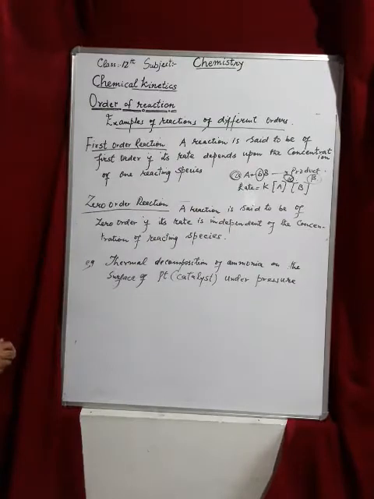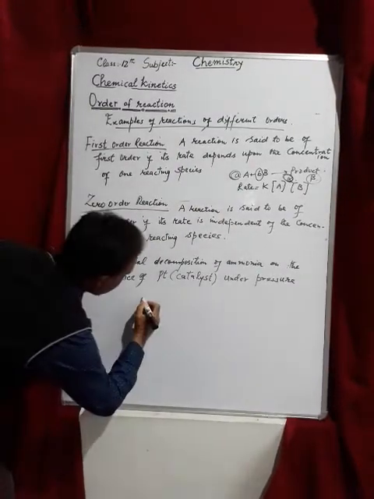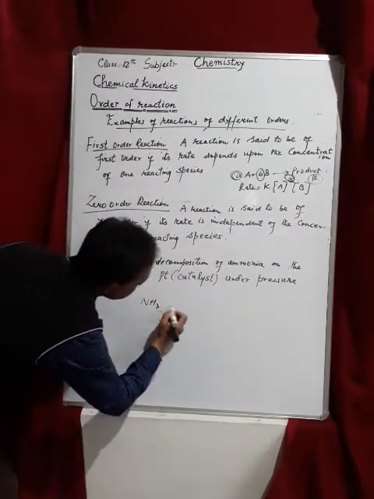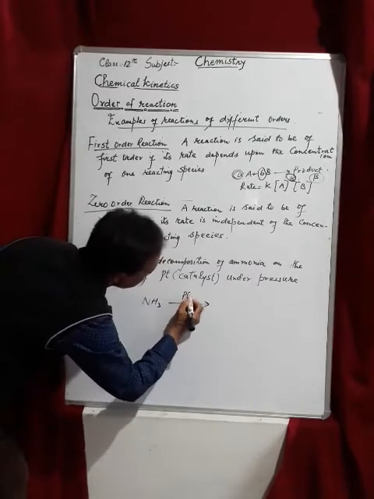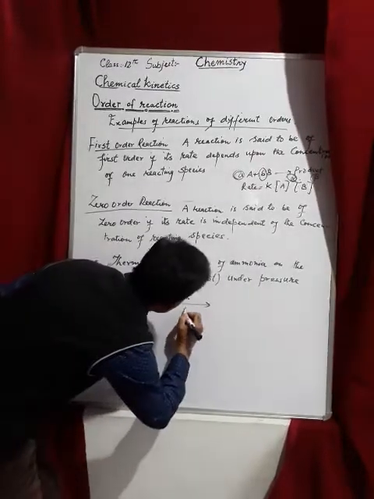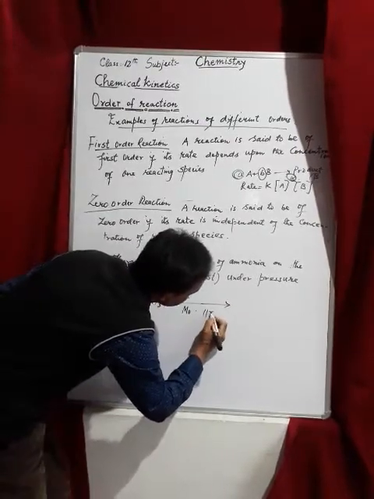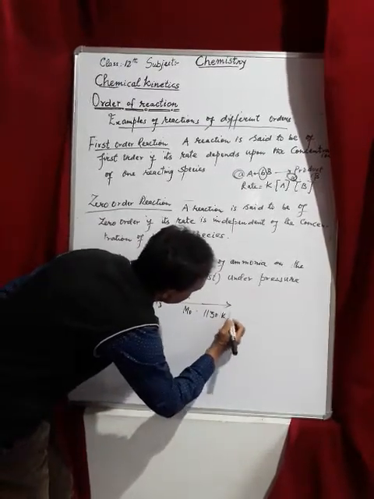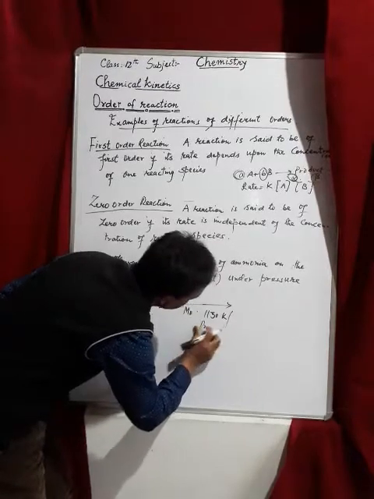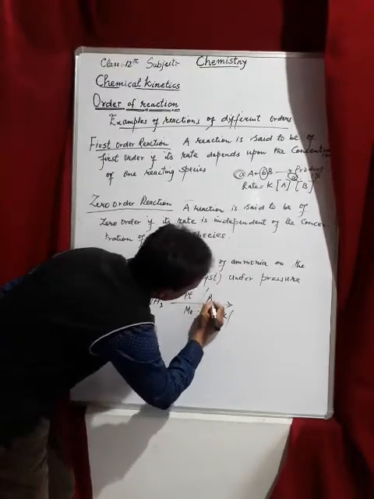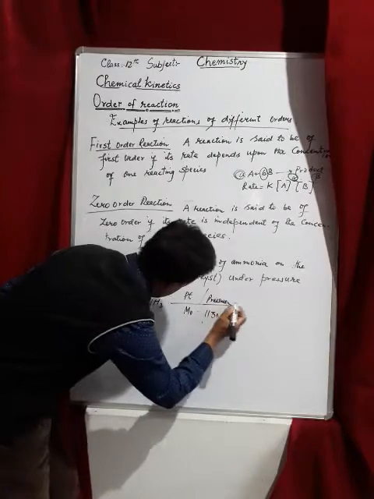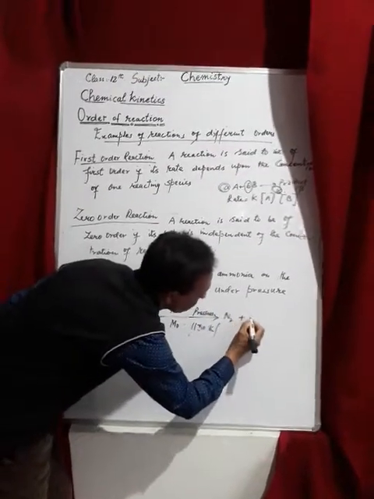So when ammonia is heated on the surface of the platinum or molybdenum at 1130 Kelvin under pressure, it forms N2 plus 3H2.